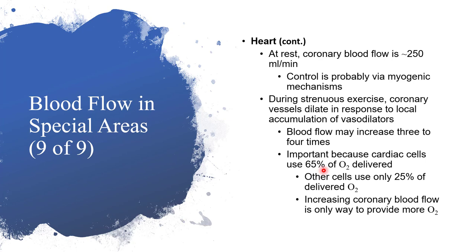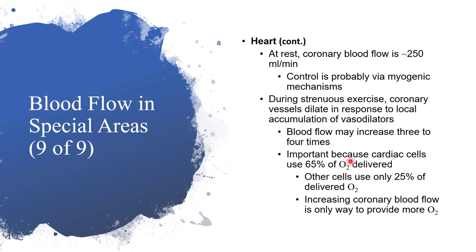That's exactly one of the differences between skeletal muscle and cardiac muscle. The size of the mitochondria of the heart muscle is 3 times as much, and therefore they can make use of as much oxygen in producing ATP. Other cells can use only 25% of delivered oxygen.